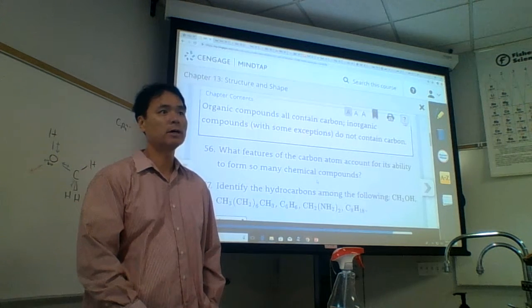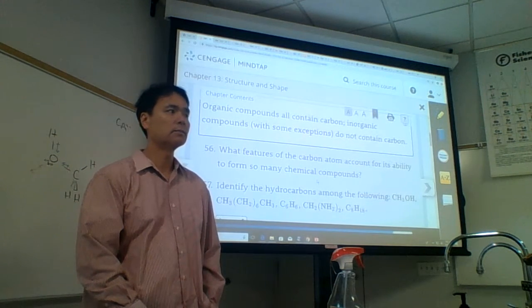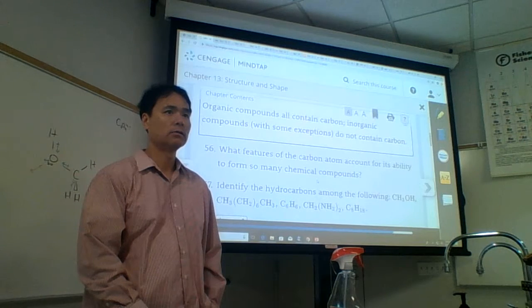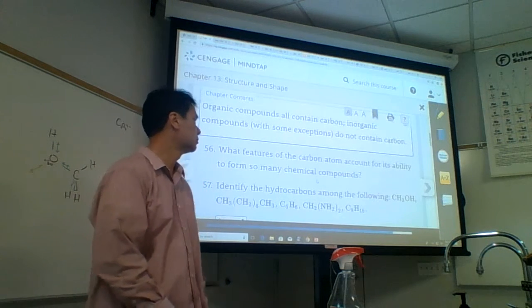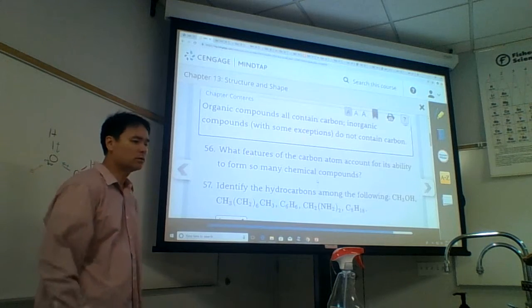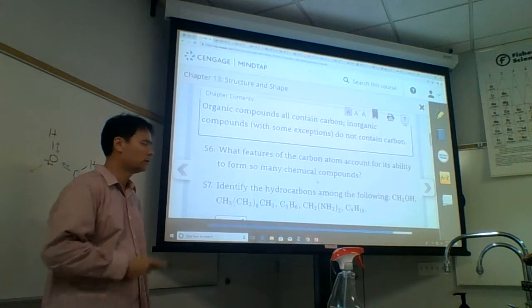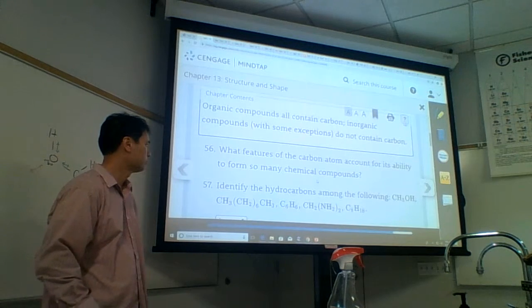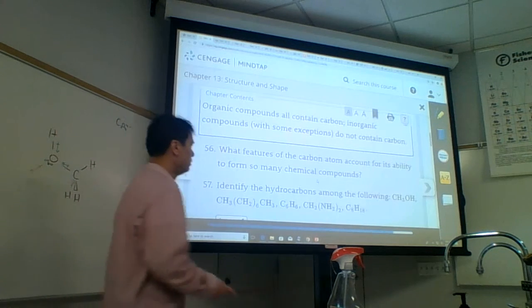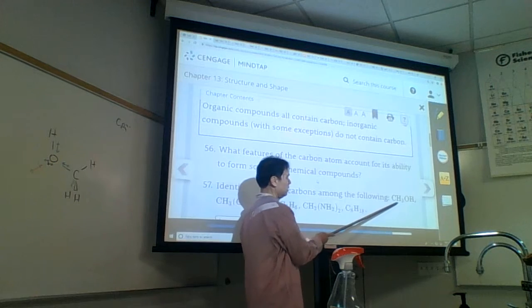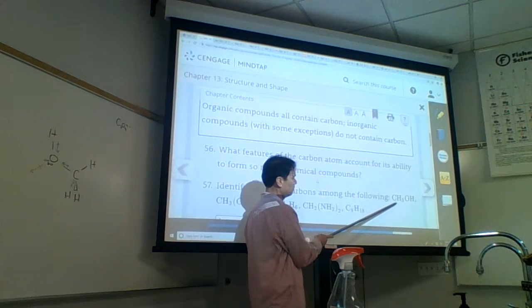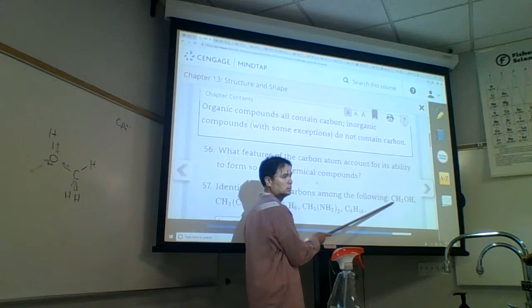So it can form a lot of bonds, and carbon doesn't mind forming chains. Not only can it form chains, it can form rings, like we saw earlier. There's no problem with that. You know what this is? Is that hydrocarbon, alcohol, or carboxylic acid?